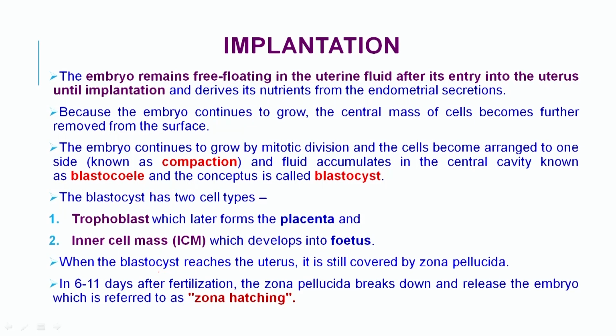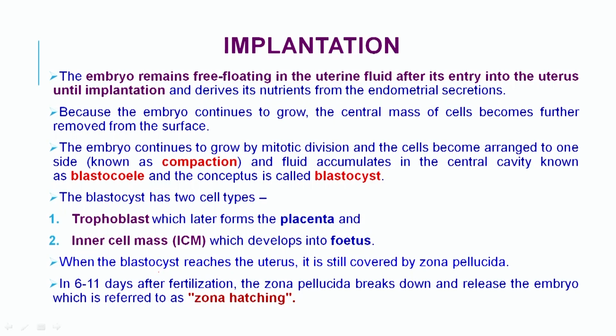The embryo continues to grow by mitotic division and the cells become arranged to one side, which is known as compaction, and fluid accumulates in a central cavity known as the blastocoele, and the conceptus is called a blastocyst. The blastocyst has two cell types: the trophoblast, which later forms the placenta, and the inner cell mass, which develops into the fetus.